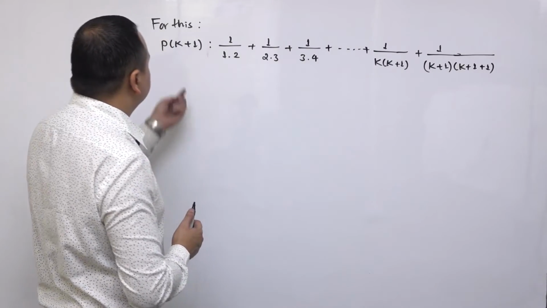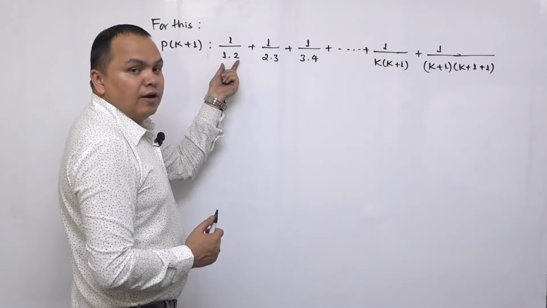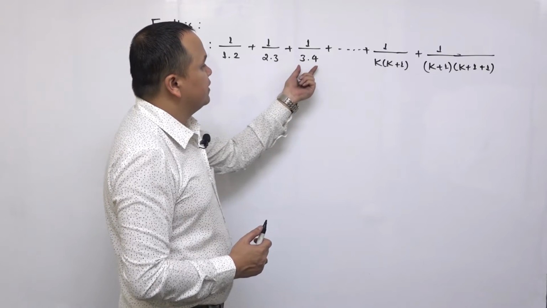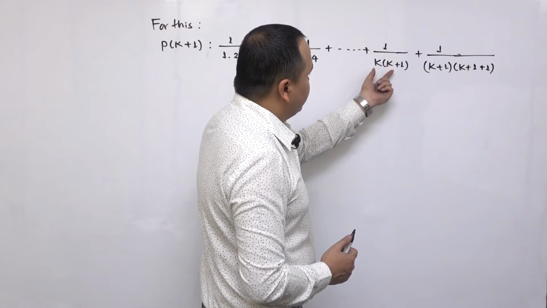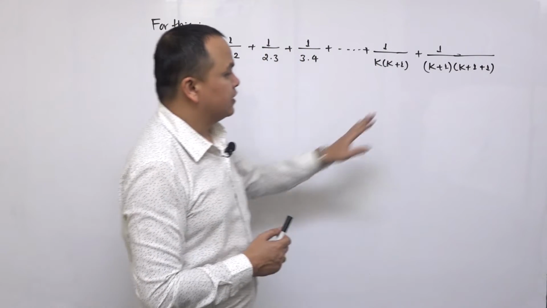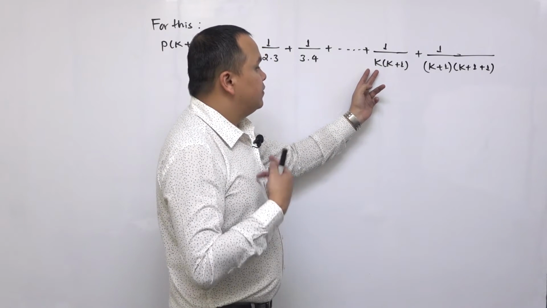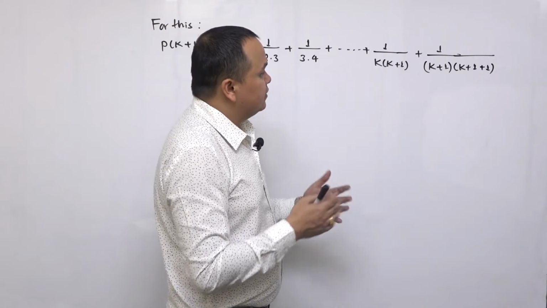For this, we have Pk plus 1: 1 upon 1 into 2 plus 1 upon 2 into 3 plus 1 upon 3 into 4 plus dot dot dot plus 1 upon k into k plus 1. And for the next term, if we replace k by k plus 1, then we get the next term.